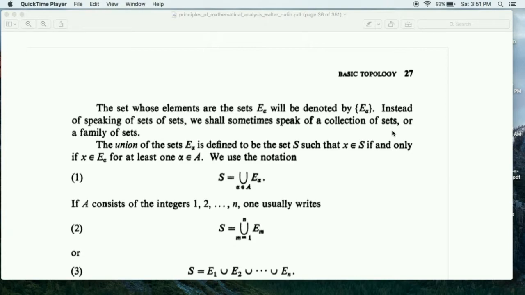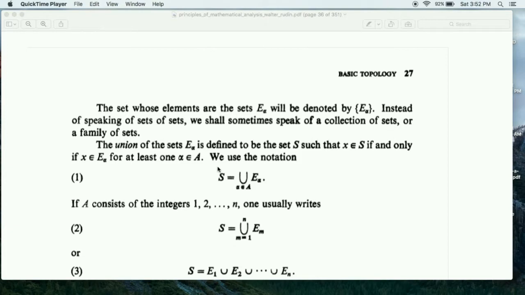This is because there might not exist a set of all sets. Russell's paradox and all those pathologies exist in set theory. So we avoid such pathologies and call it a collection of sets or class of sets, not a set of sets, because a set of sets might not exist.